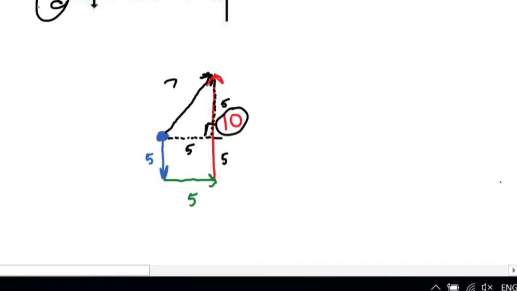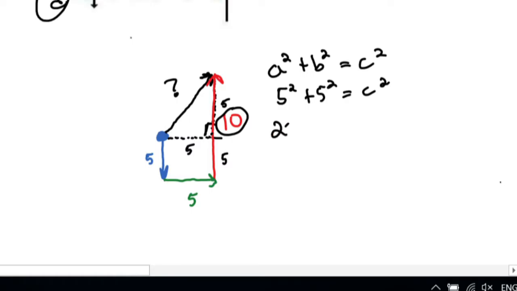So to figure out what this is, I'm going to have to go 5 squared plus 5 squared, c squared, and the square root of 50.